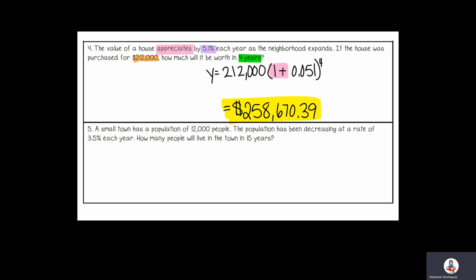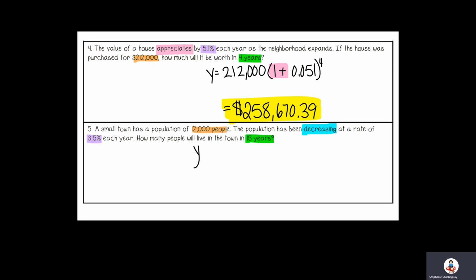And number 5, a small town has a population of 12,000 people. The population has been decreasing at a rate of 3.5% each year. How many people will be in the town in 15 years?